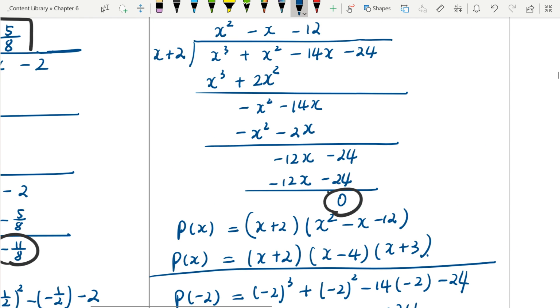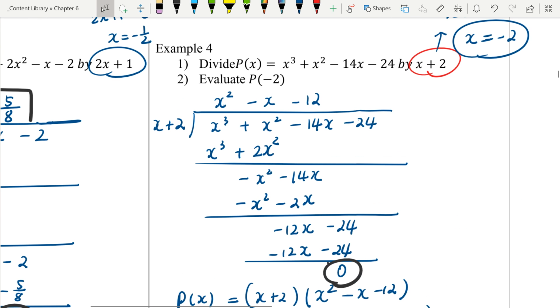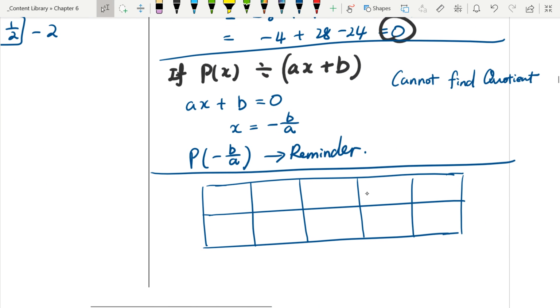So the coefficients are 1, 1, negative 40, and negative 24. That's the coefficient of x cubed, x squared, x, and the constant. Okay, that's the 4 things. I write down the coefficients.